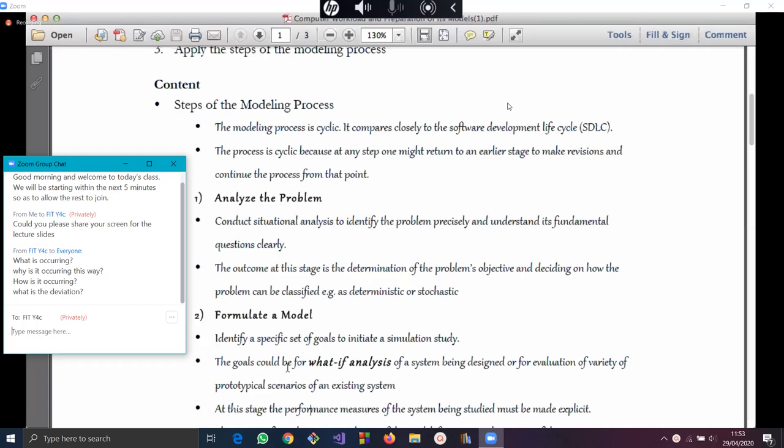What is a set? What do we mean by a set of goals? Now, remember, the thinking here in simulation or in modeling is to represent a situation, something which is occurring. And that's why I talk about occurrence, occurring, in the various questions to ask yourself.